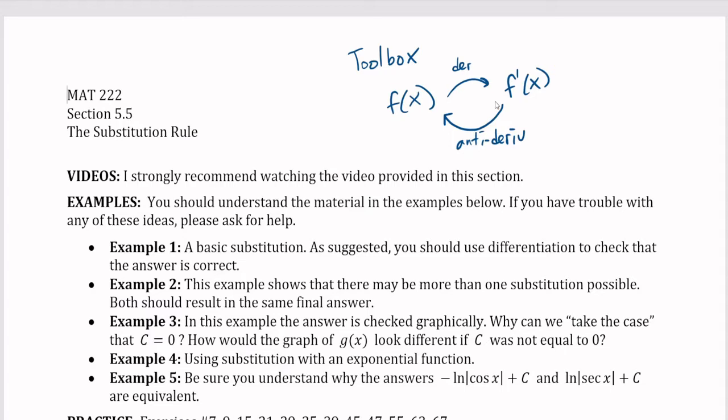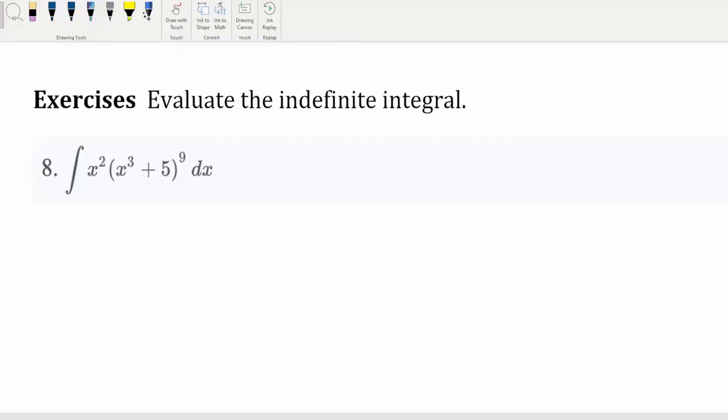The next thing we need to do is figure out how to use that for more complicated looking problems. So we're just going to jump right into this and think through what's going on. I'm looking at this and I want to do the antiderivative.